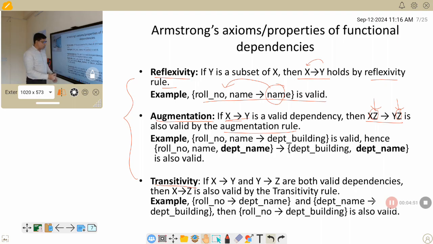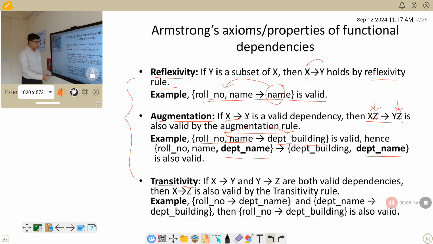So we are considering an example: roll number and name determine department building, and this is valid. Hence we can add department name on both sides as an augmentation rule, and this functional dependency is also valid.